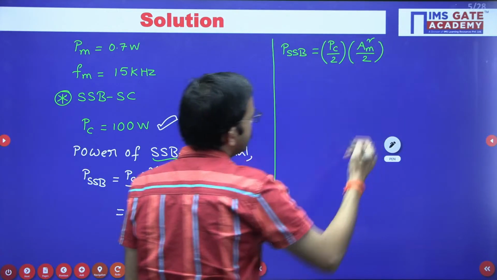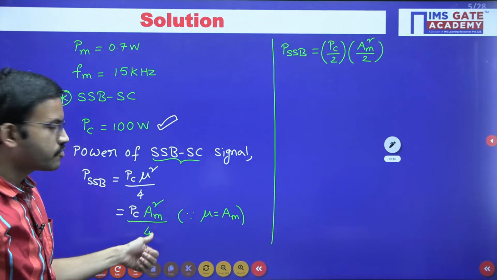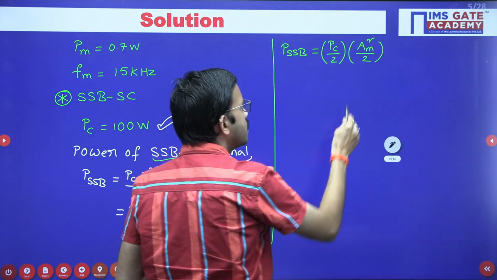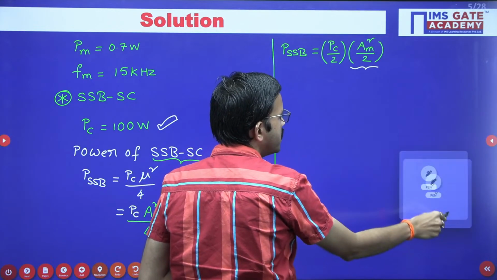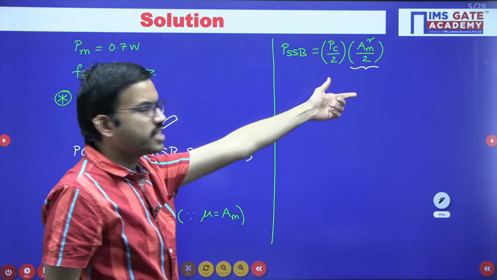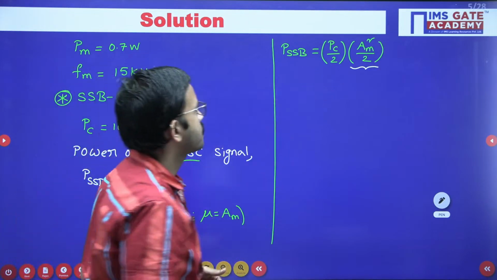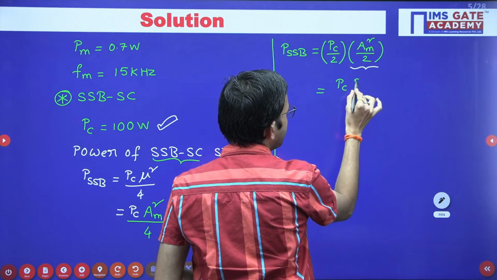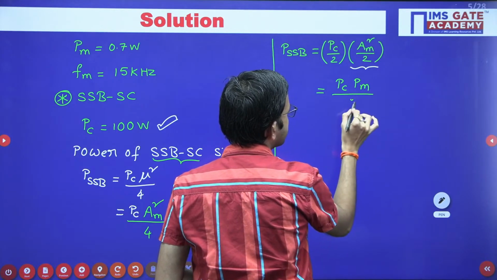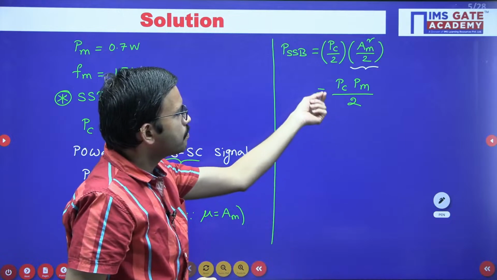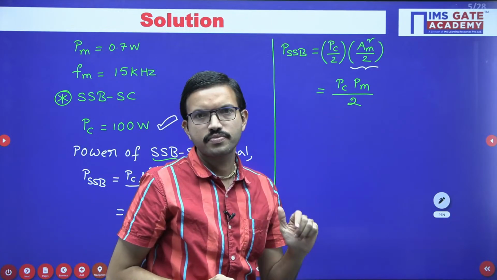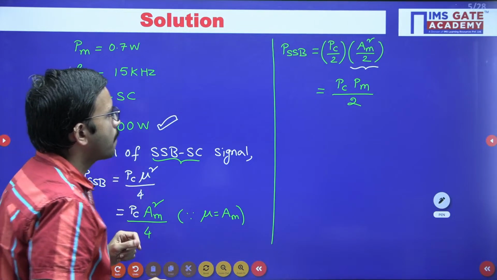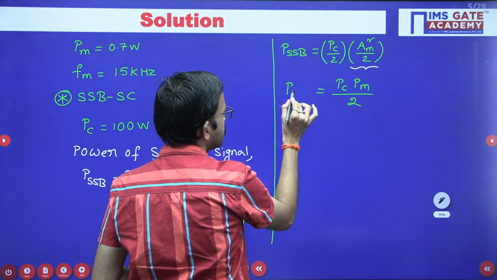What I have done is very simple. In the denominator you have 4, so I have written that 4 as 2 into 2. Am square by 2 is nothing but the power of the message signal. So you get PC PM divided by 2: power of the carrier signal times power of the message signal, divided by 2. This is the formula for the power of the SSB-SC signal.